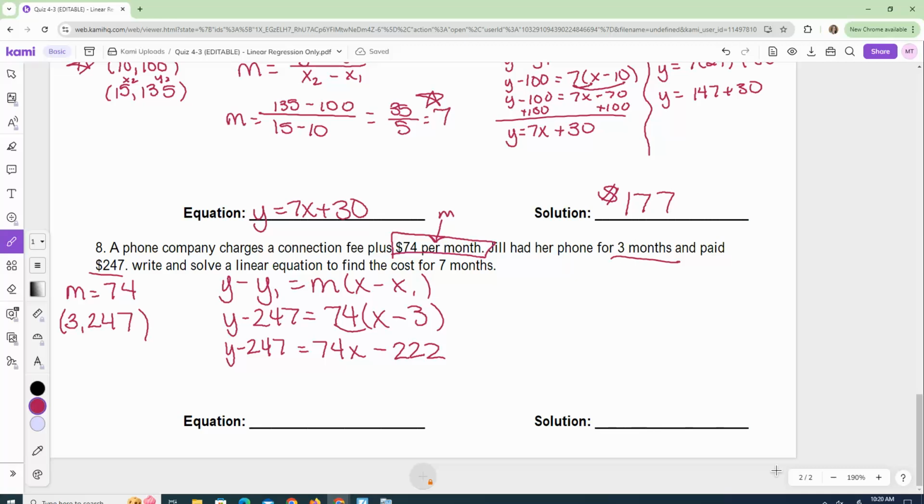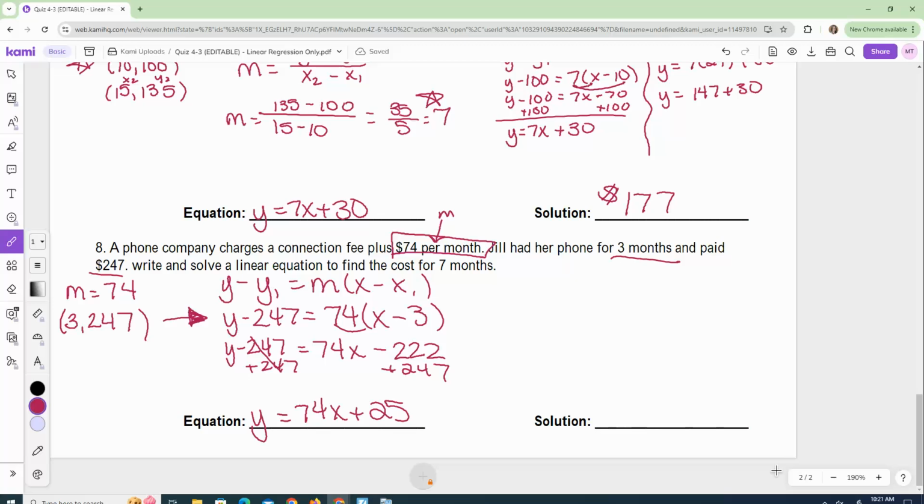Okay, and then we add over the 247. So we get y equals 74x plus 25. I saw a couple people that wrote this as their final equation. I wouldn't count that wrong. We just usually went ahead and switched it to y equals mx plus b form.